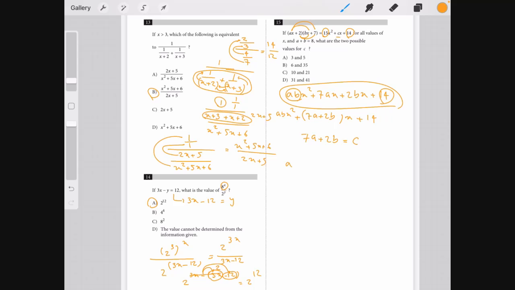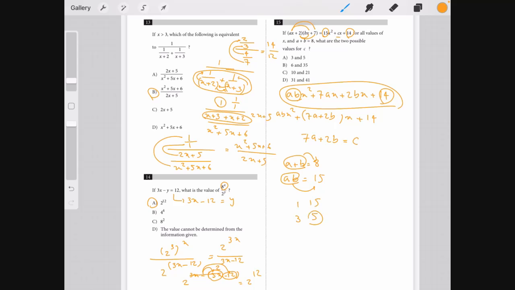We have a plus b equals 8, and a times b is 15. So what are the numbers that if you add them it's 8 and multiply them 15? Two numbers that multiply to 15 are 1 and 15, or 3 and 5.